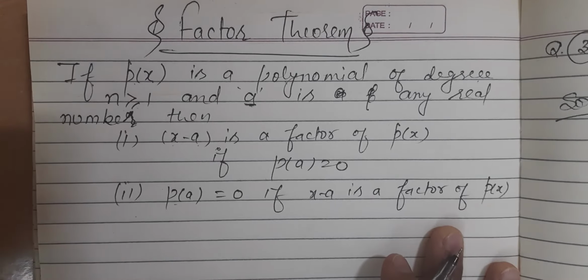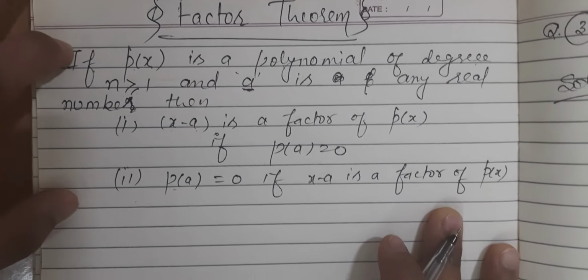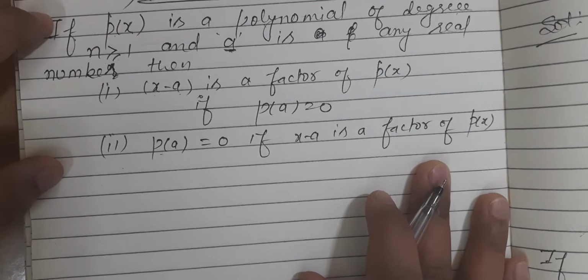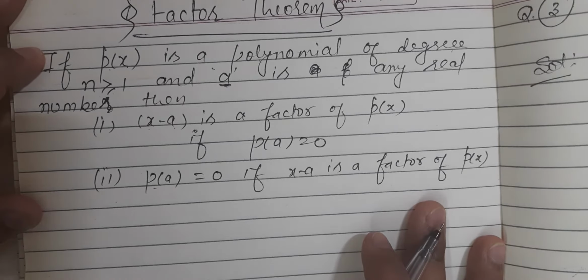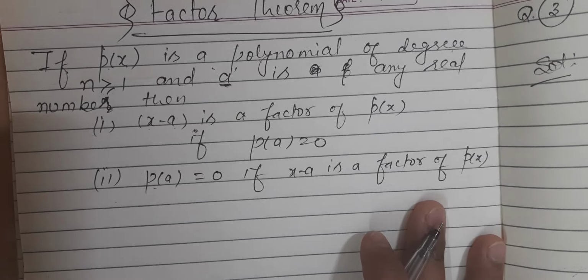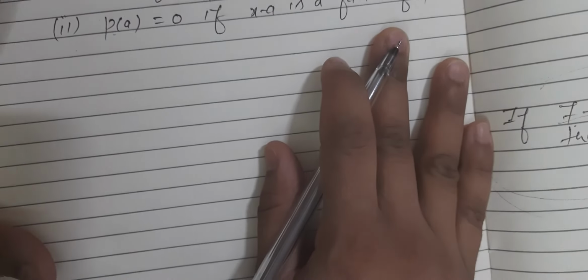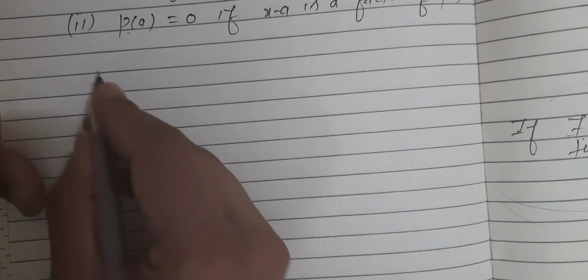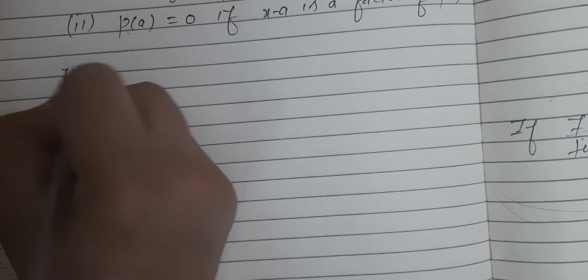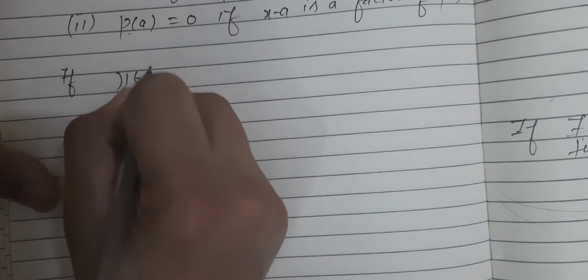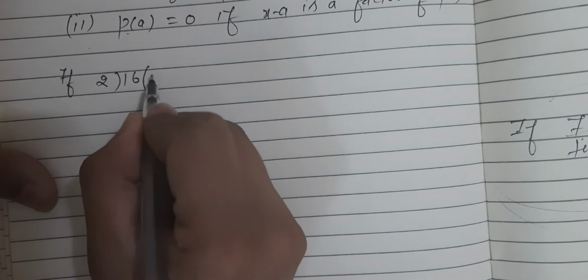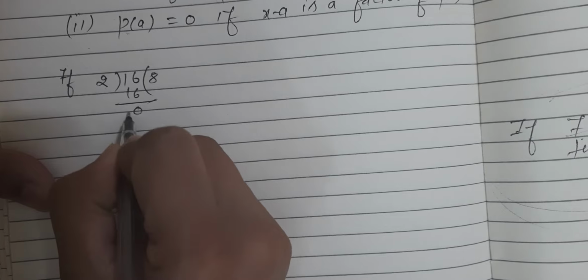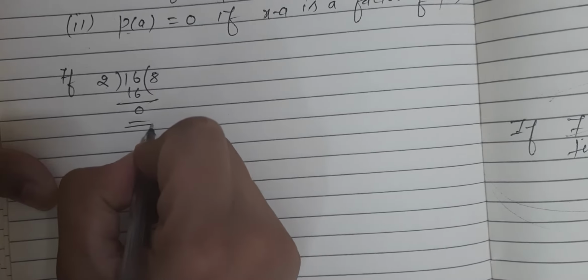Okay, now we will understand this factor theorem by taking one example. The last question of exercise 2.3 is similar to this theorem, but I will take one example. If we divide 16 by 2, the remainder is coming 0.